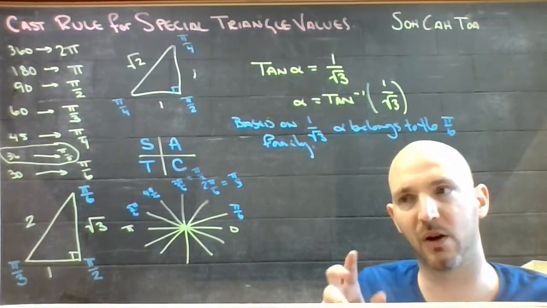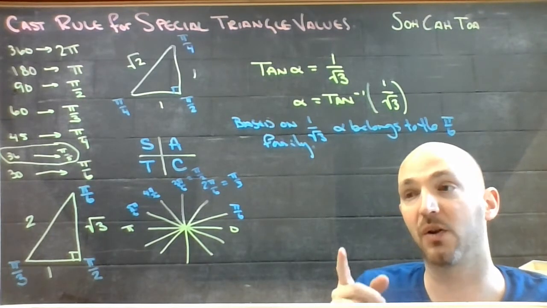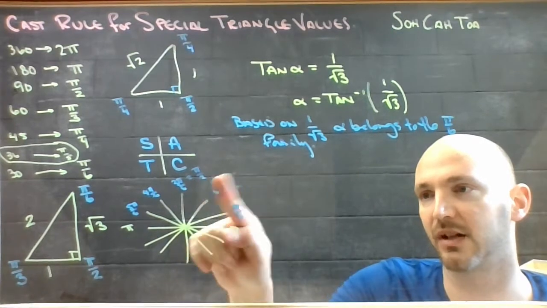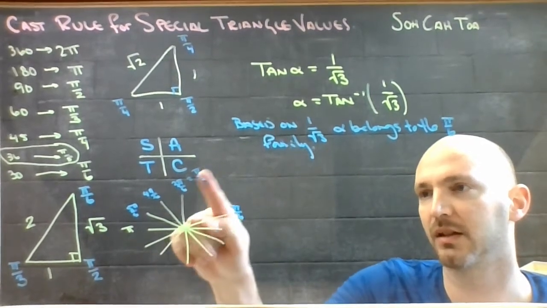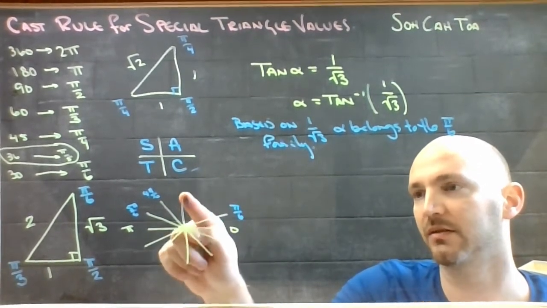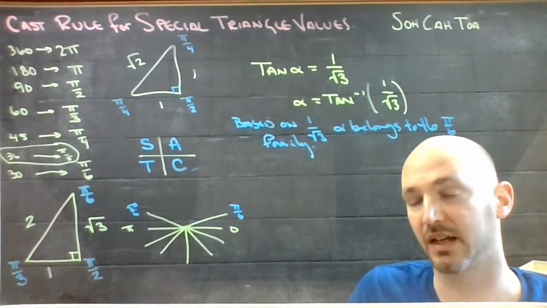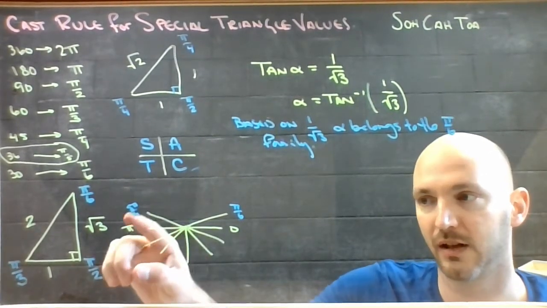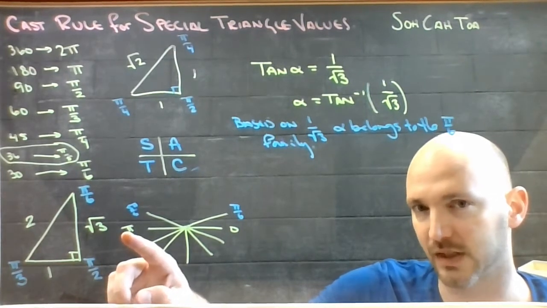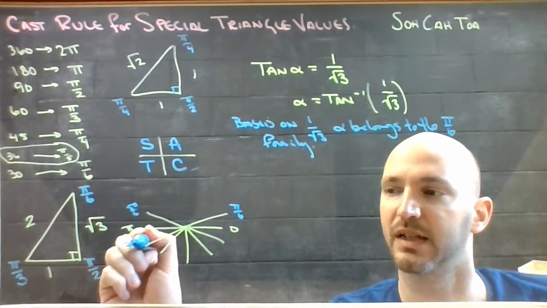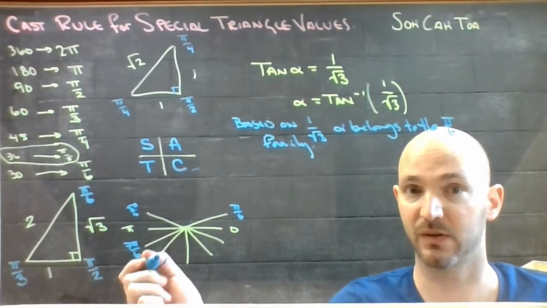So I'm going to erase all the ones that reduce. So that means that this one is gone, this one is gone, this one is gone, this one stays. Here would be 6 pi over 6. This would be 7 pi over 6, which doesn't reduce.